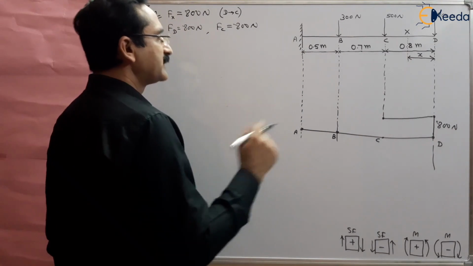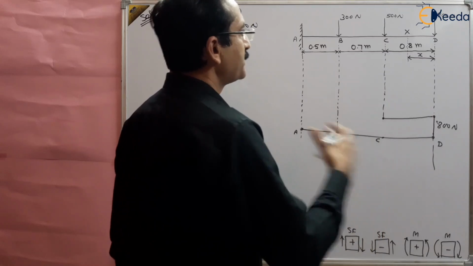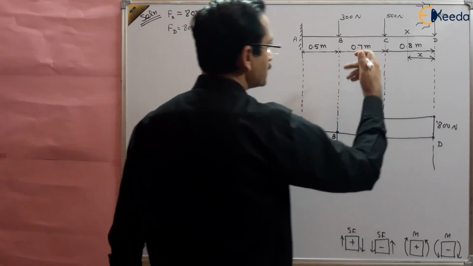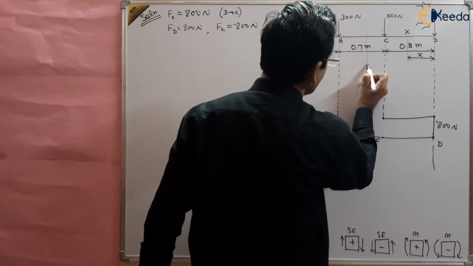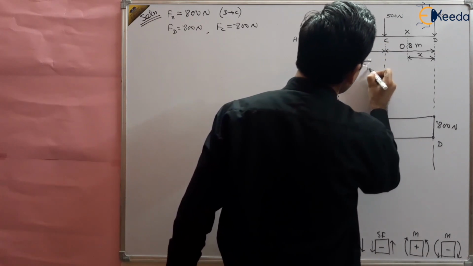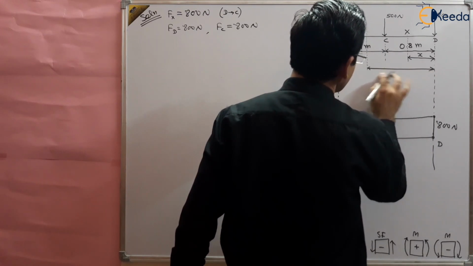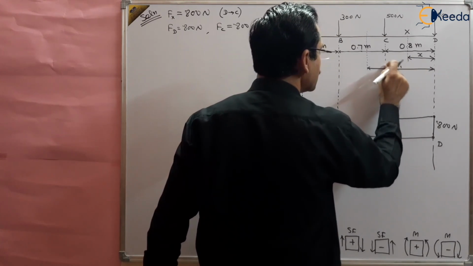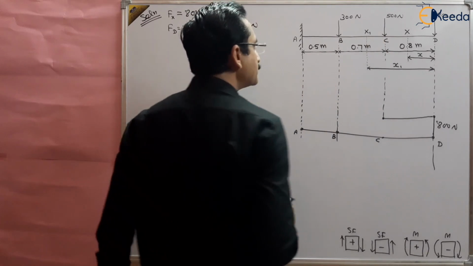Now you will see that whenever there is a force, there is an abrupt change in the shear force diagram, right? So there will be an abrupt change in the shear force diagram when we take the cross section here. So suppose this is now x1, and this is capital X1.